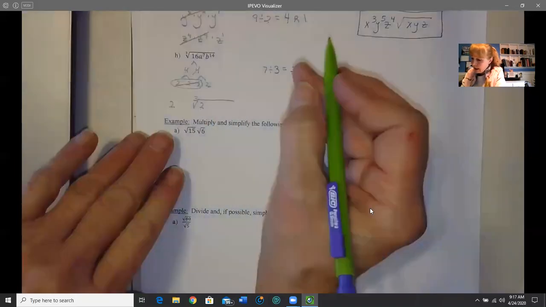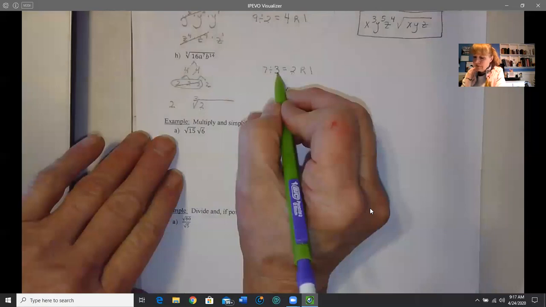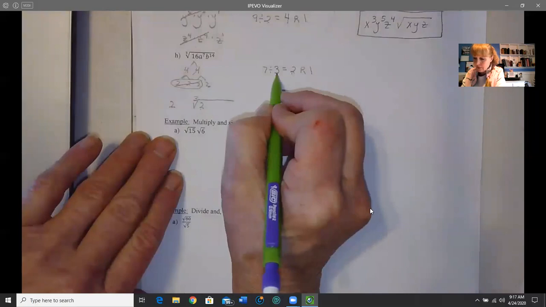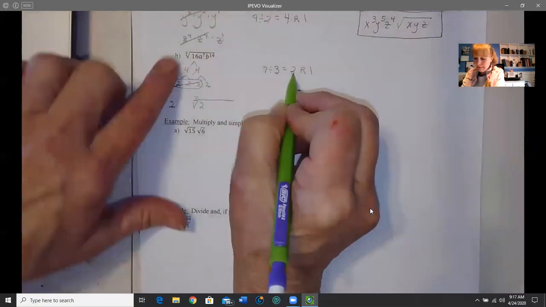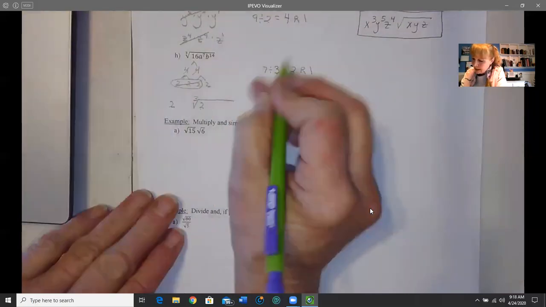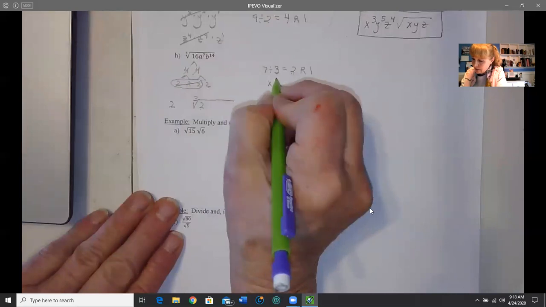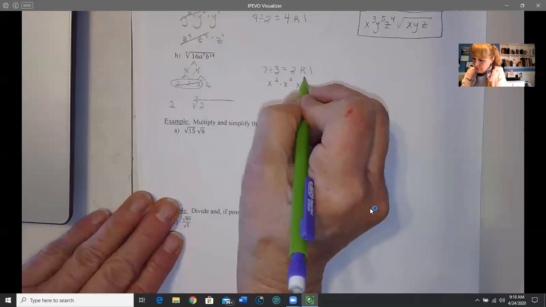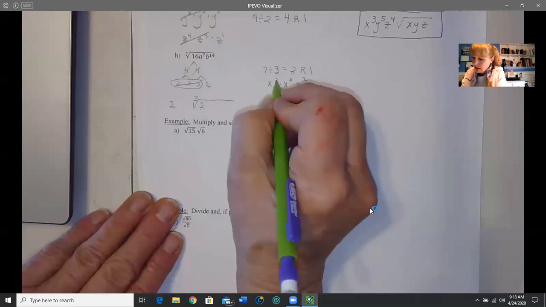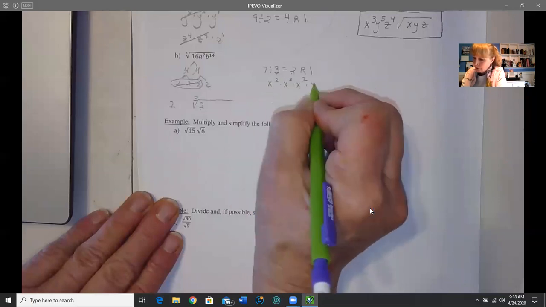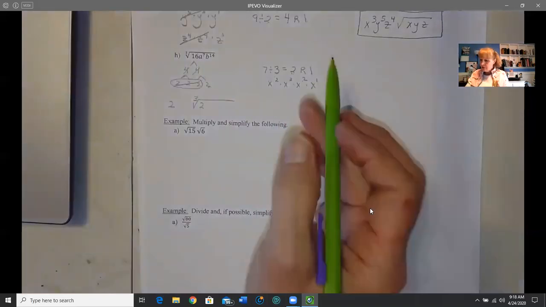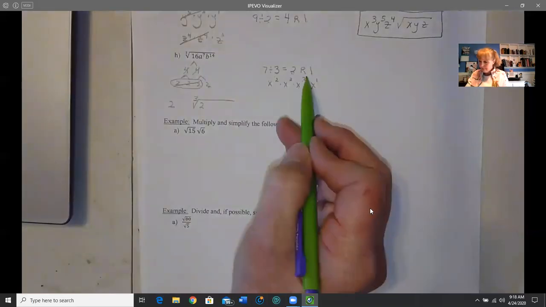So this tells me I'm going to have 3 groups of a squareds. Again, we're looking for groups of 3. So this means I've got a squared, a squared, a squared. I have 3 groups of a squareds, and then 1 with a 1 there. So here I'm looking for groups of 3.